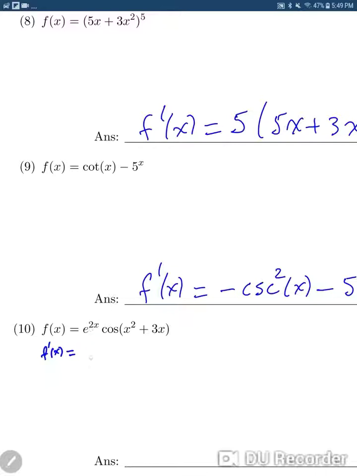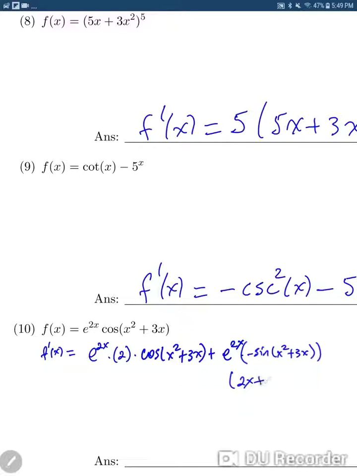So chain rule for the first one, e to the power of 2x times 2 times the second function, cosine of x squared plus 3x, plus the first function times the derivative of the second function, which is negative sine of x squared plus 3x times the derivative of the inside, which is 2x plus 3.